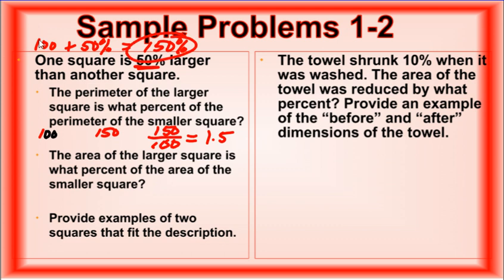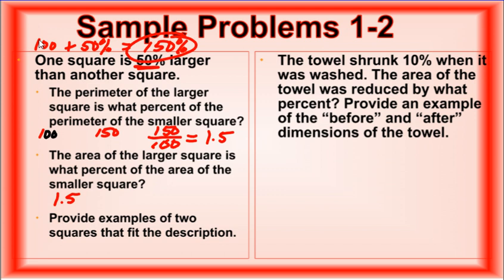The second part, the area of the larger square is what percent of the area of the smaller square. So now here's where we need to use our scale factor of 1.5. Remember, area is dealing with square units. Perimeter is just plain units. So if we take the 1.5 as our scale factor, each side of the larger square is 1.5 times larger than the smaller square.